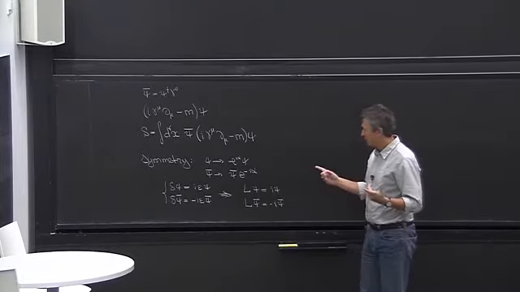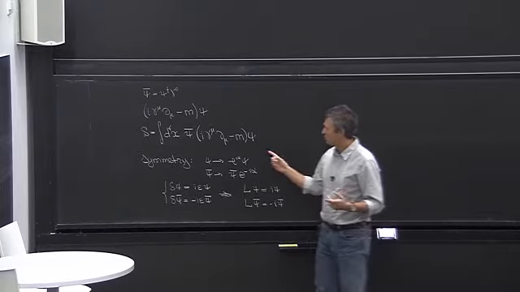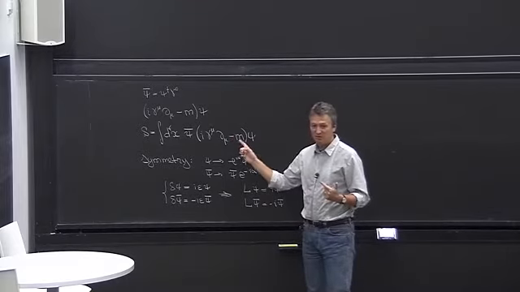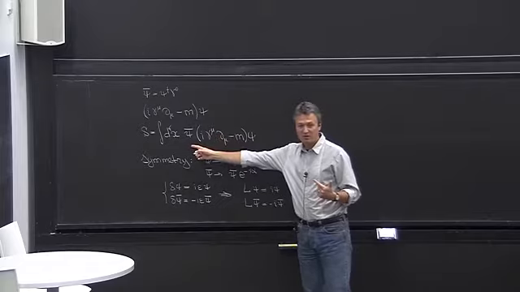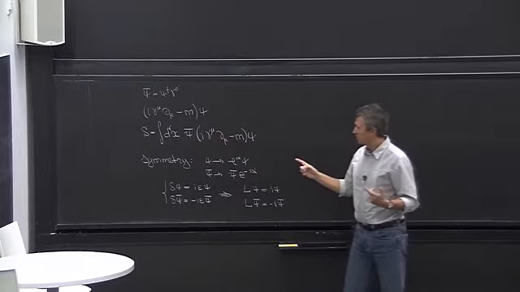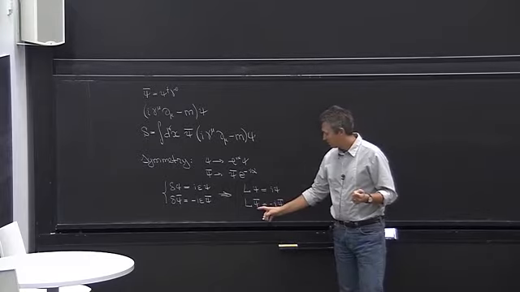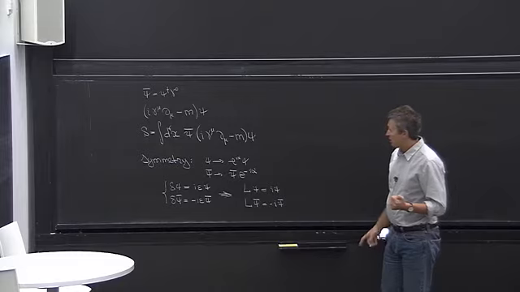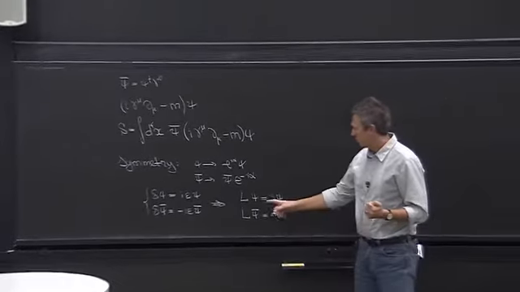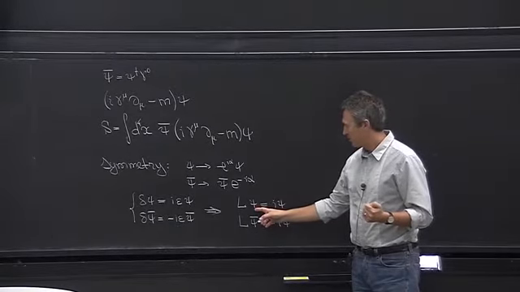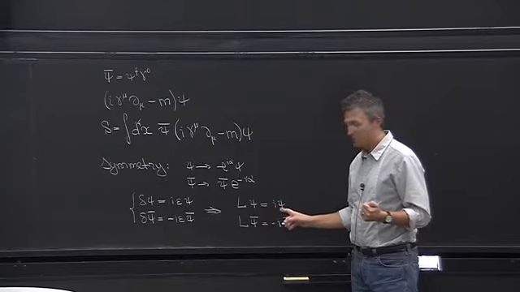So the Noether current will then be equal to the derivative with respect to d mu psi, which is psi bar, times i, multiplied by the generator acting on the psi, which is i psi.